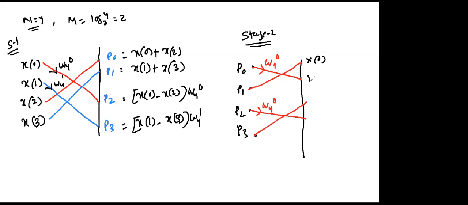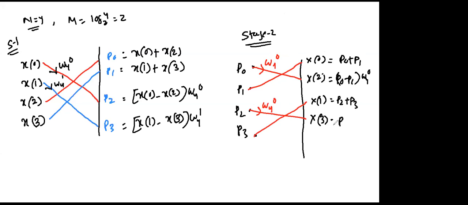Output is in bit reversal order: x0, x2, x1, x3. Okay. Equations are easy. It is P0 plus P1. This is P0 minus P1 times omega 4 0. This is P2 plus P3. This is P2 minus P3 times omega 4 0.